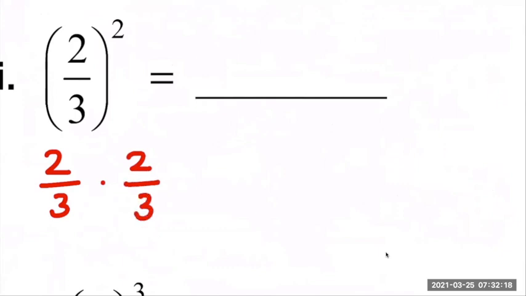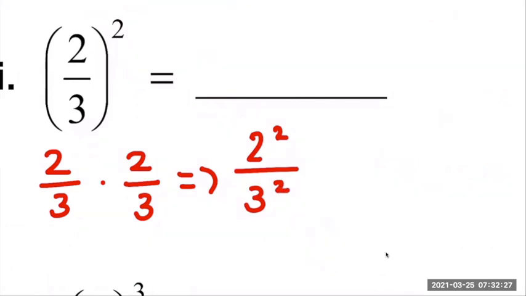Well, if we're following our exponent rules, this could also be written as 2 squared over 3 squared. So what did we do? We took this exponent and shared it with both of the numbers. So we get 4 over 9.